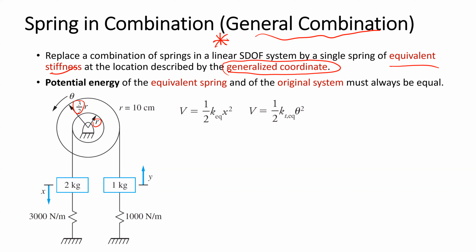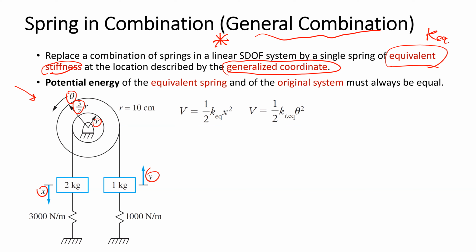If you still remember from last week, in a system like this, we may select x1 or y or theta as a generalized coordinate. And the stiffness of the spring, the K equivalent, will be derived corresponding to the generalized coordinate.